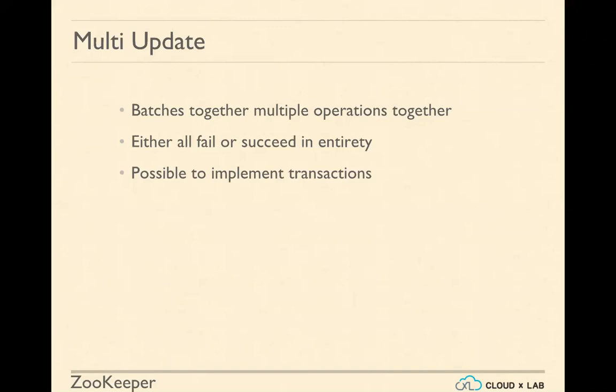What's a transaction in databases? When you have multiple queries and you want either all of them to succeed or fail, that's a transaction. In a transaction, you have no middle state. You either have all of them successful or nothing successful.